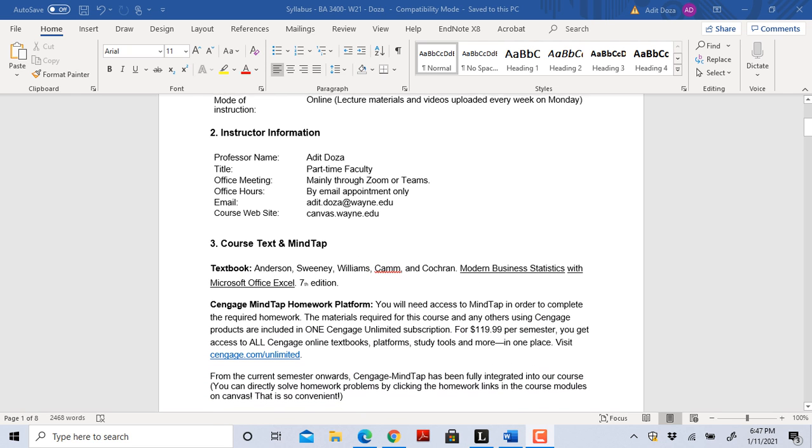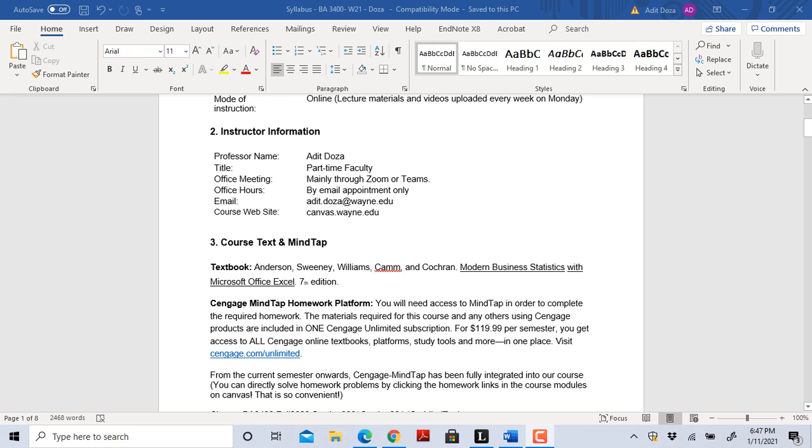The textbook that I will be using for this course is Modern Business Statistics with Microsoft Office Excel, the 7th edition. I recommend you buy the textbook from Cengage, and you also have to purchase Mindtap, the homework platform.